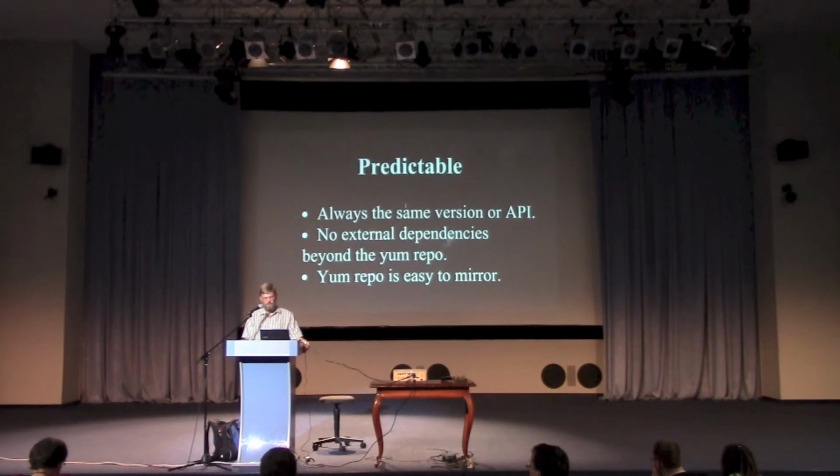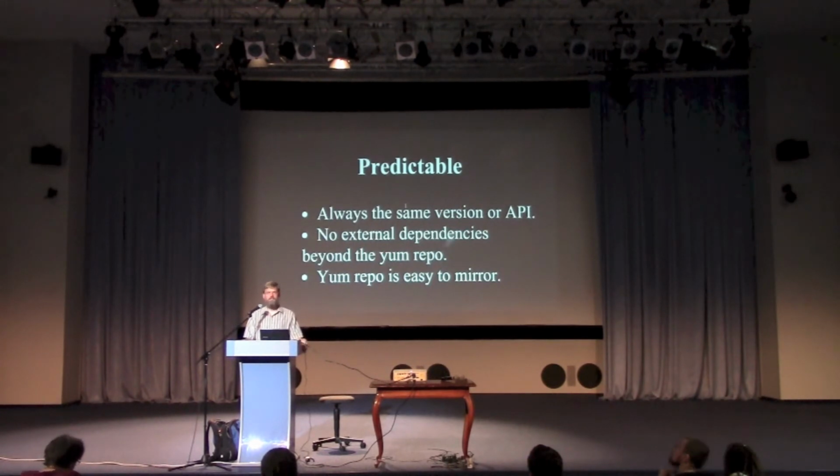So why would you want to install your CPAN modules this way? Well, it's predictable. For the lifetime of a given distribution, RHEL 5 or RHEL 6 or whatever it is, you're going to get the same version of that package, or at least the same API. It may have some bug fixes, some minor changes, but it's not going to break your code.